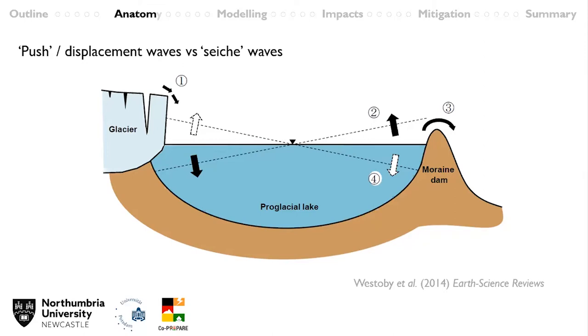Every time the water runs up against the moraine dam, on the right-hand side there, that in itself may release enough water to be called a GLOF in its own right, but it also results in a pulsing or surging behavior, which can be very effective at eroding moraine dams and enlarging them, so that a large portion of the water volume is ultimately released, perhaps more than with a general displacement wave.